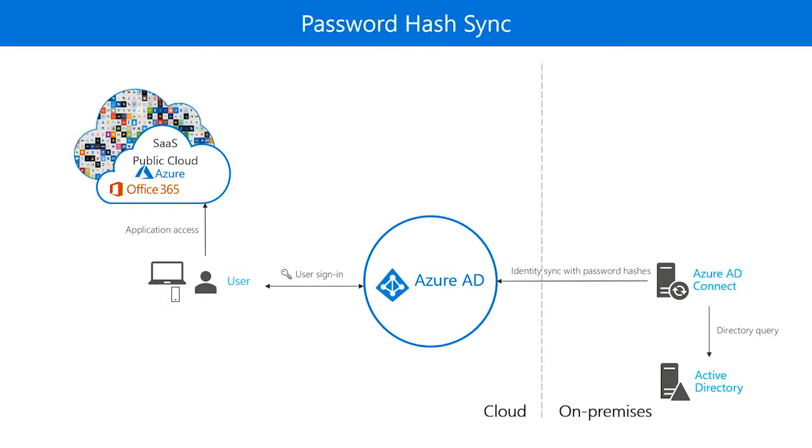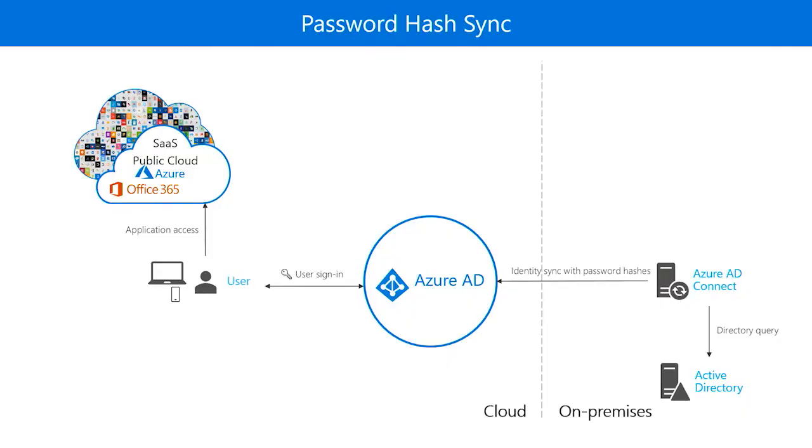There is no method to reverse a hash to get back the clear text password. Now, Azure AD Connect connects to the on-premises Active Directory and reads these password hashes, hashes them 1,000 times over, and then copies them over to Azure AD. And it does this process every 2 minutes.